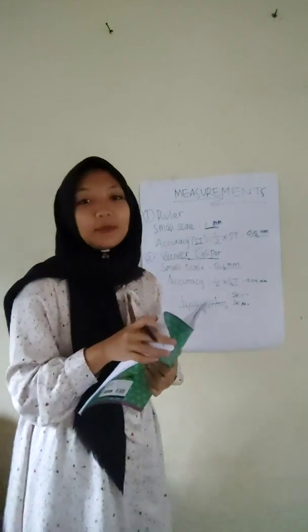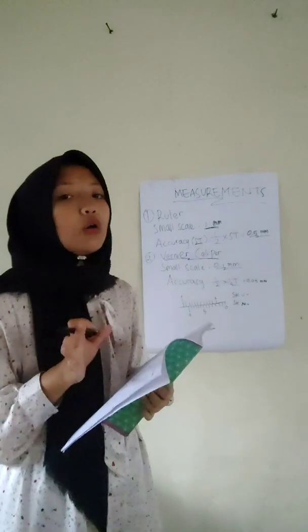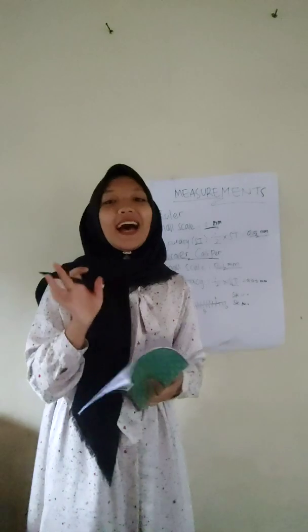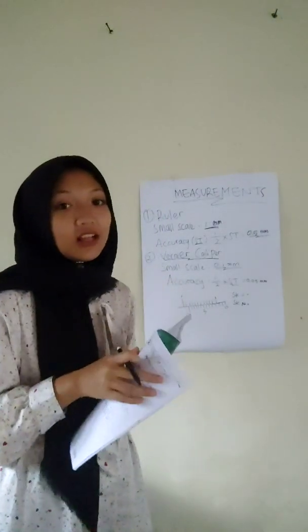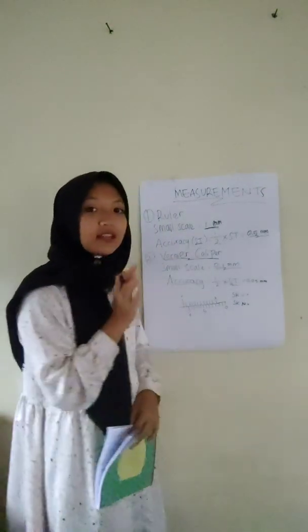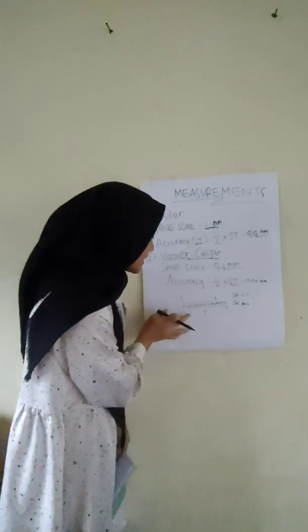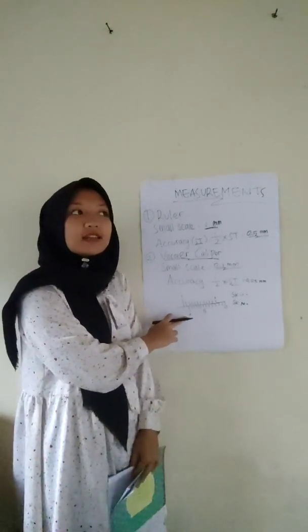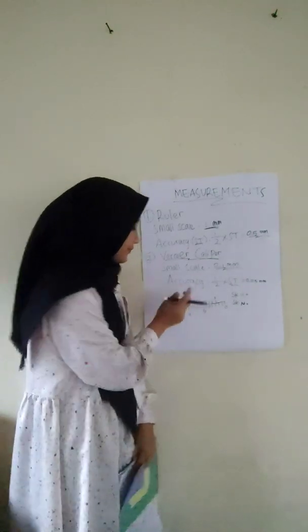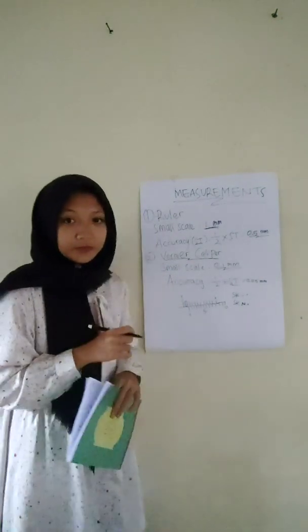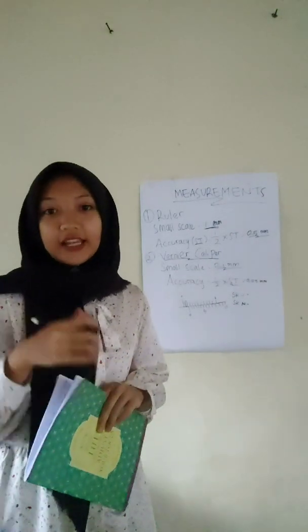So for how to read a caliper, let's look at the main scale above. What is the main scale reading? The number shown before the 0 of the sliding scale. Here is the 0 that I lined in black.